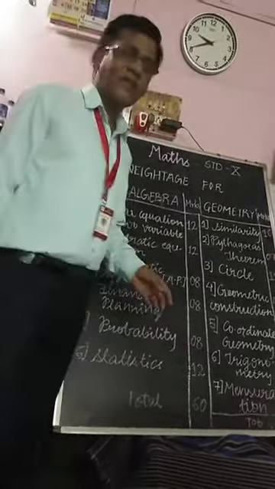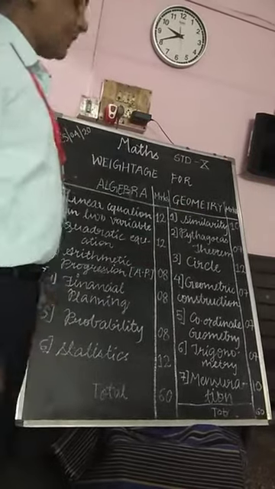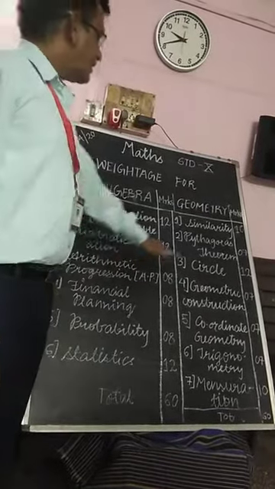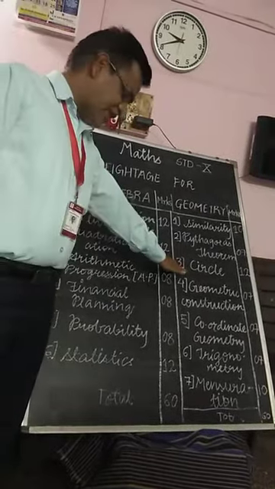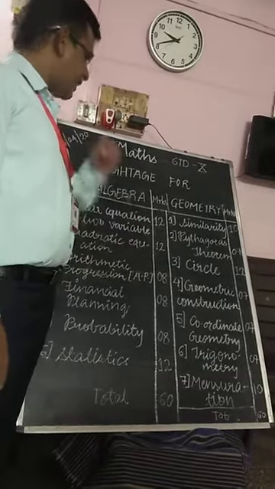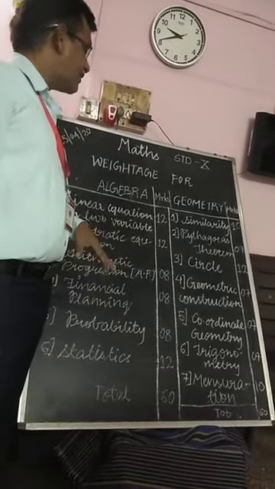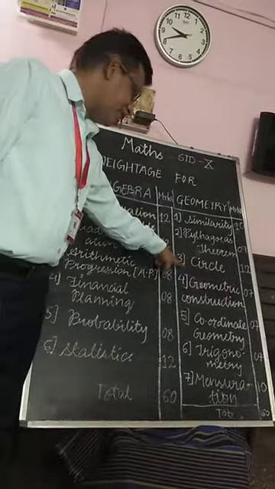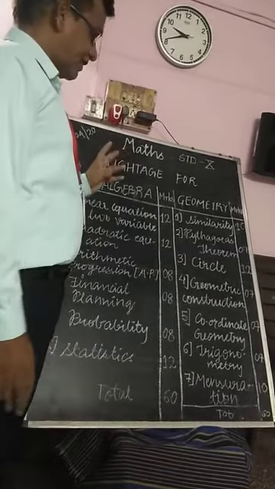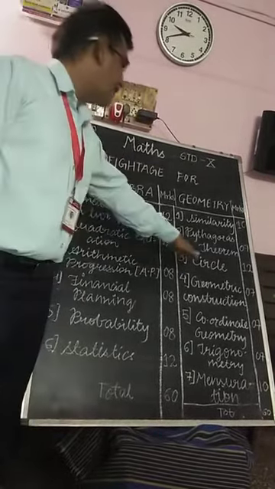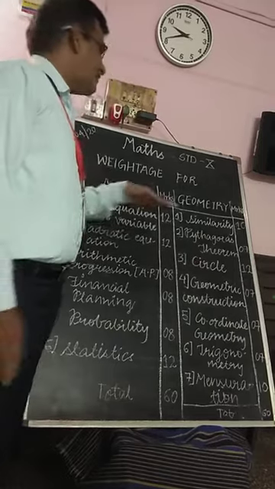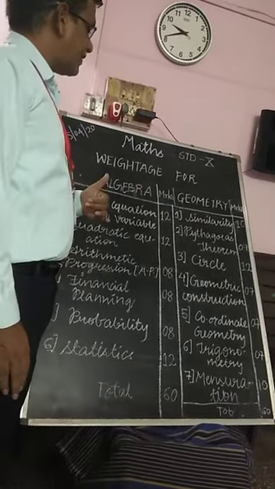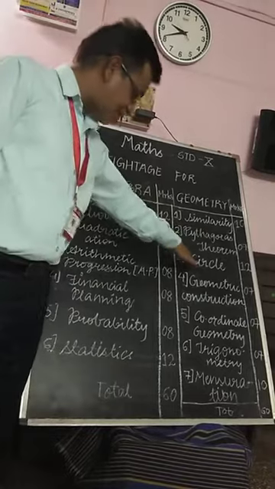Now you come to the third chapter, that is circle. The chapter circle we already learned in 9th standard also. Some basic concepts we already learned, that is radius, diameter, circumference, all these. And here you have to learn the tangent and the secant, what the relation is between tangent and secant, what the tangent is, and different theorems are there.